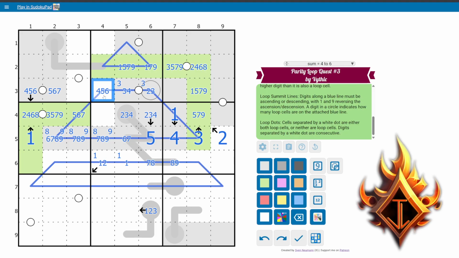If this is green, and that is green, that would be even. That would be a 5. That would be 6 or 7. That would be 7, 8, 9. So that would be 6.